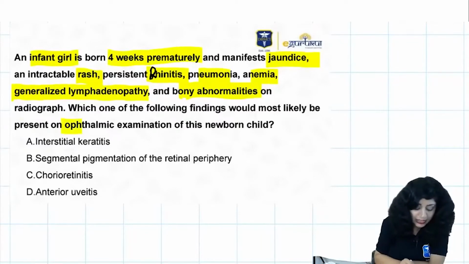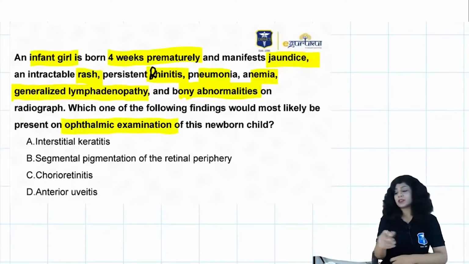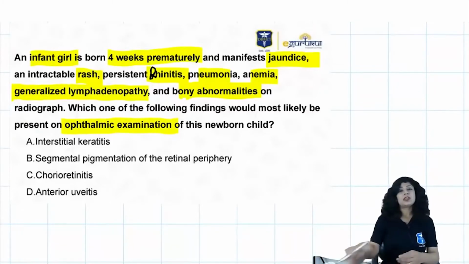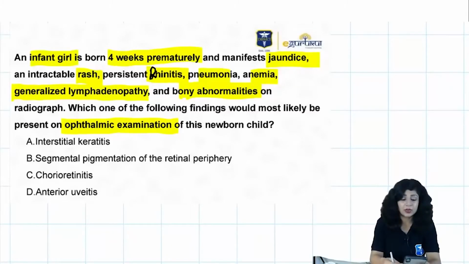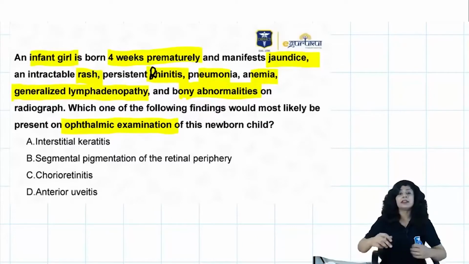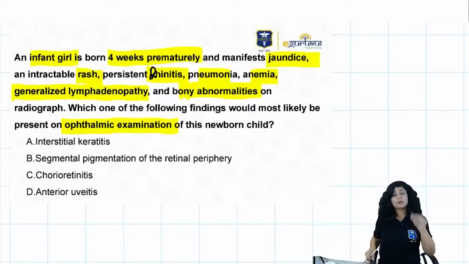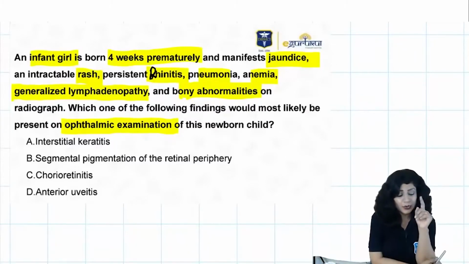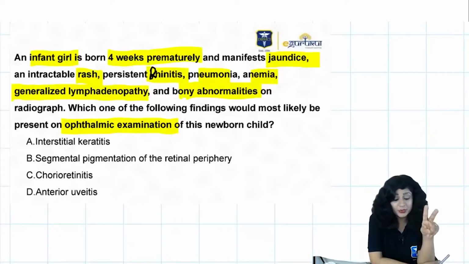So on the ophthalmic examination, what are you expecting? Can you tell me the diagnosis? See, if you are able to make the diagnosis, then very conveniently you can tell me what could be our finding here. So infant girl, premature, with jaundice, with rash, with rhinitis, with pneumonia, with anemia.